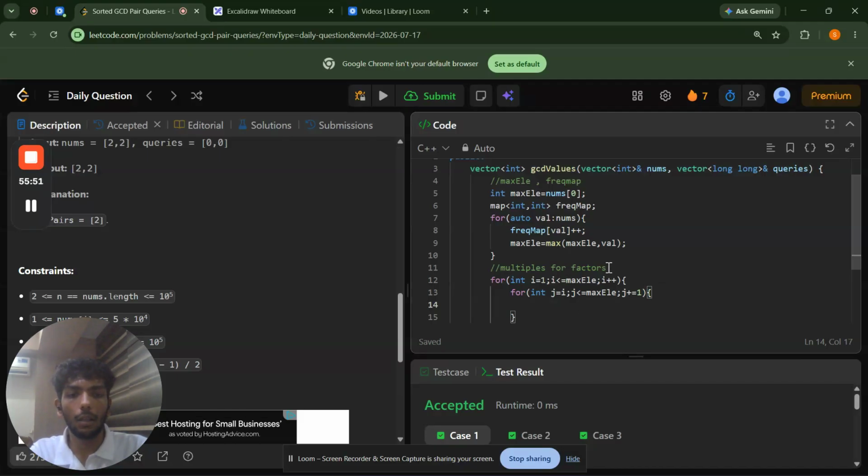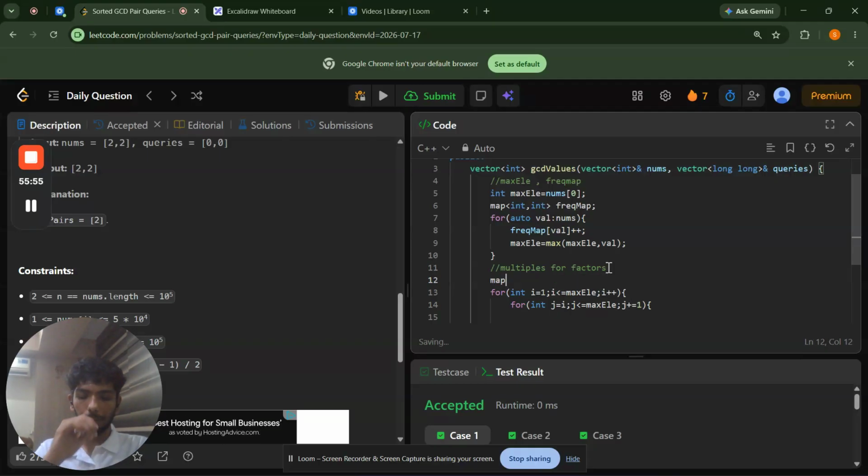Now, what we need is a map. This key will be integer. Suppose 1's table is going, and the maximum element is 50,000.